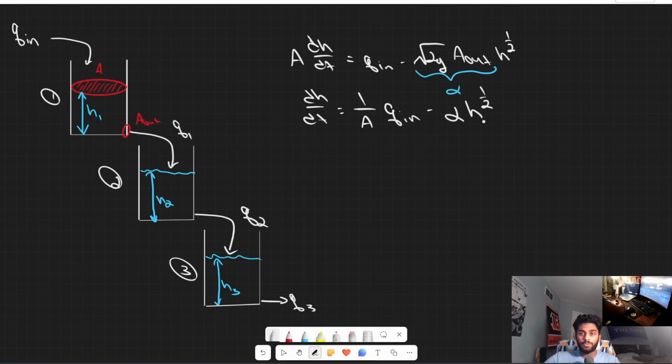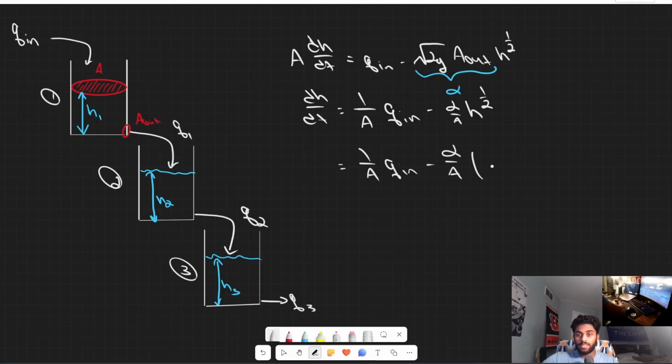Now we need to rewrite this h to the 1/2 in terms of a difference between an initial steady state and the value at time t. So I'm going to rewrite this section, minus alpha over A, alpha over A.